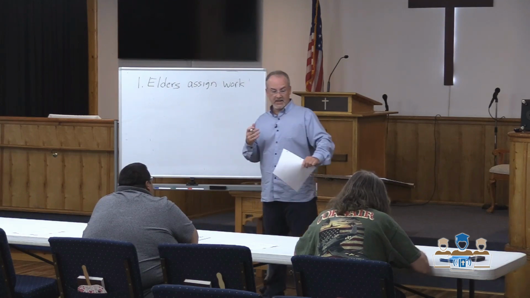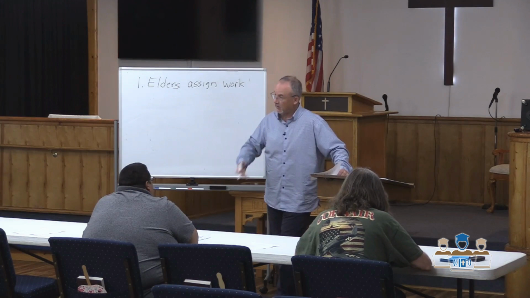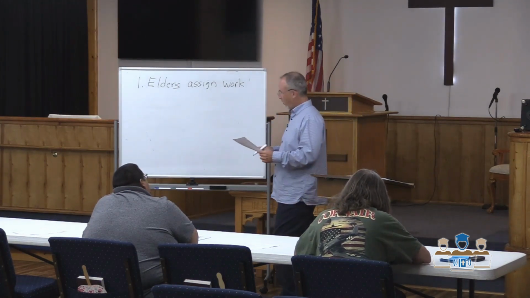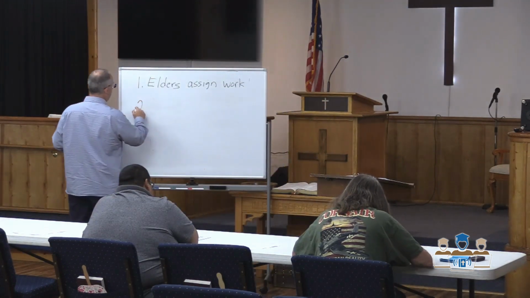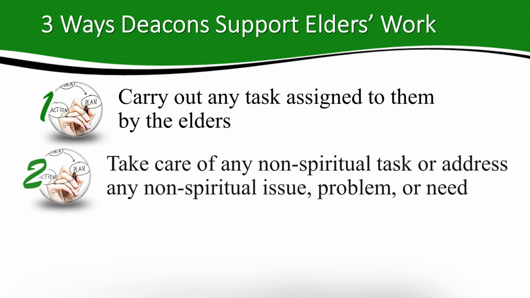So what I'm trying to get us to do through the lesson tonight is be more proactive in looking for work. Not just waiting. The elders need to tell us, but let's be proactive. So elders are going to assign it. We're going to work on that as elders to get us more work to do. But the second is take care of any non-spiritual task or address any non-spiritual issue, problem, or need that is not being handled effectively by others in the church.